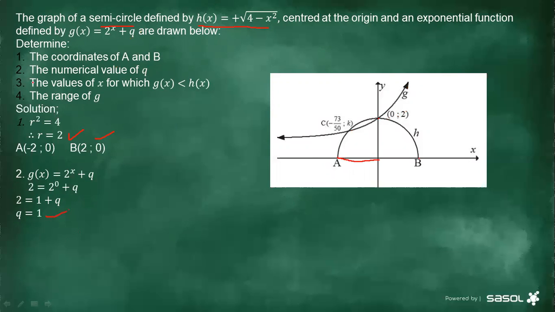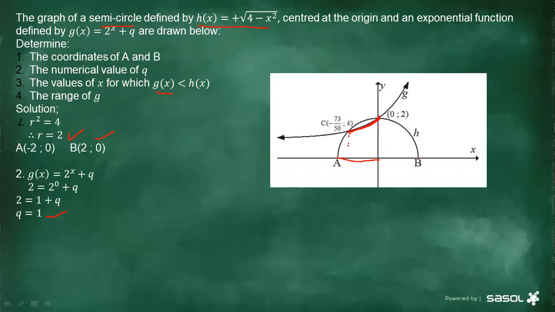The values of x for which g of x is less than h of x. Now, g of x will only be less than h of x if it's below the graph of h of x. You can see the graph of g is only below from this point up to there. So the graph of g of x is less than the graph of h of x from this point up to this one.